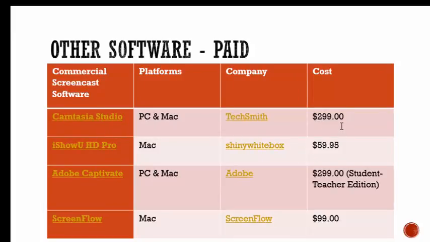It's an excellent software. As you can see, it's not cheap, but it is fantastic. It has all the bells and whistles that you could ever want. Most people probably wouldn't use a tenth of the stuff they have in that software. And that's what I find, Screencast-O-Matic's good for just recording a screencast, and then that's it.